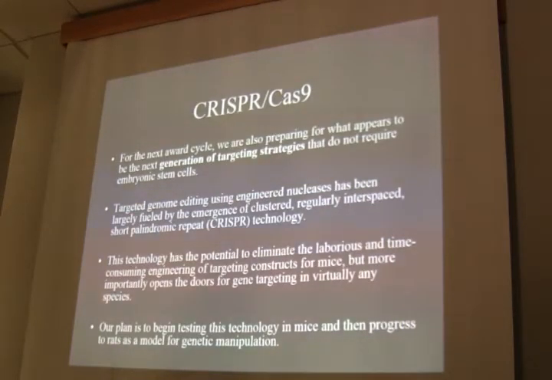CRISPR stands for Clustered Regularly Interspaced Short Palindromic Repeats, okay? And I really don't know what that is, but Cas9 is an endonuclease that makes double-stranded cuts in DNA, okay?